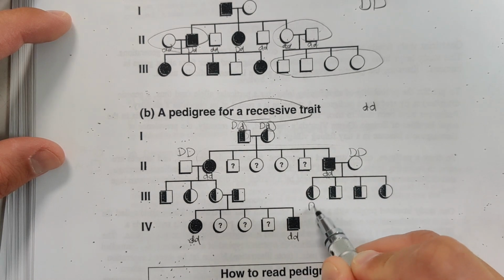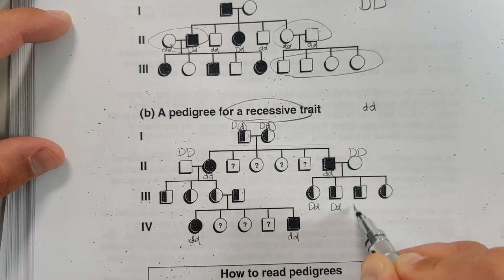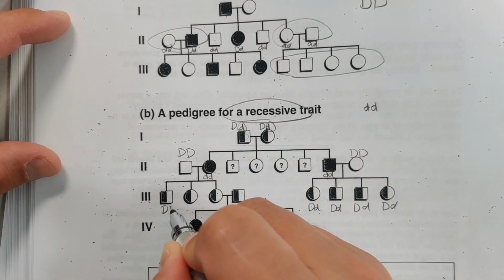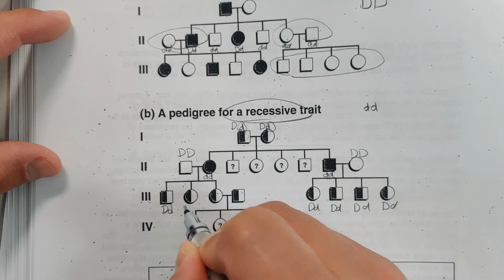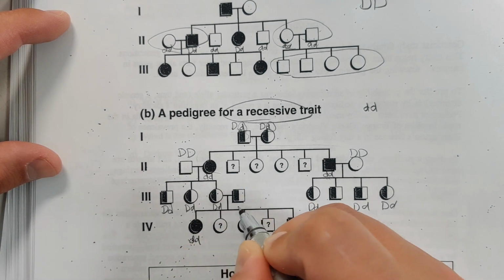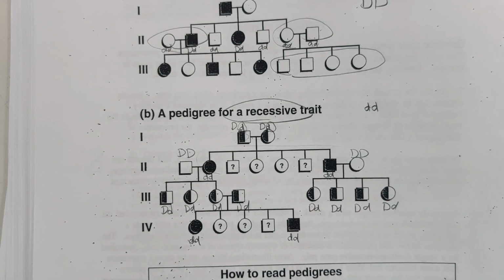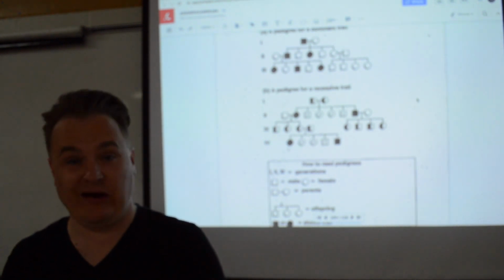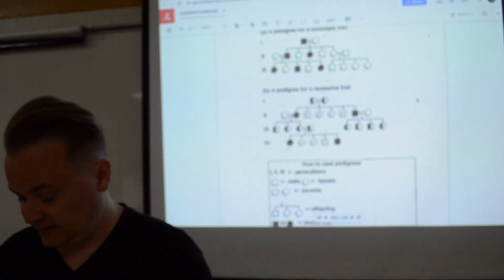They're carriers. Anybody that's a carrier now, you can fill in big D, little d. Just something to think about. So in a recessive pedigree, there's something called carriers. Don't worry about that yet. Let's take a look.